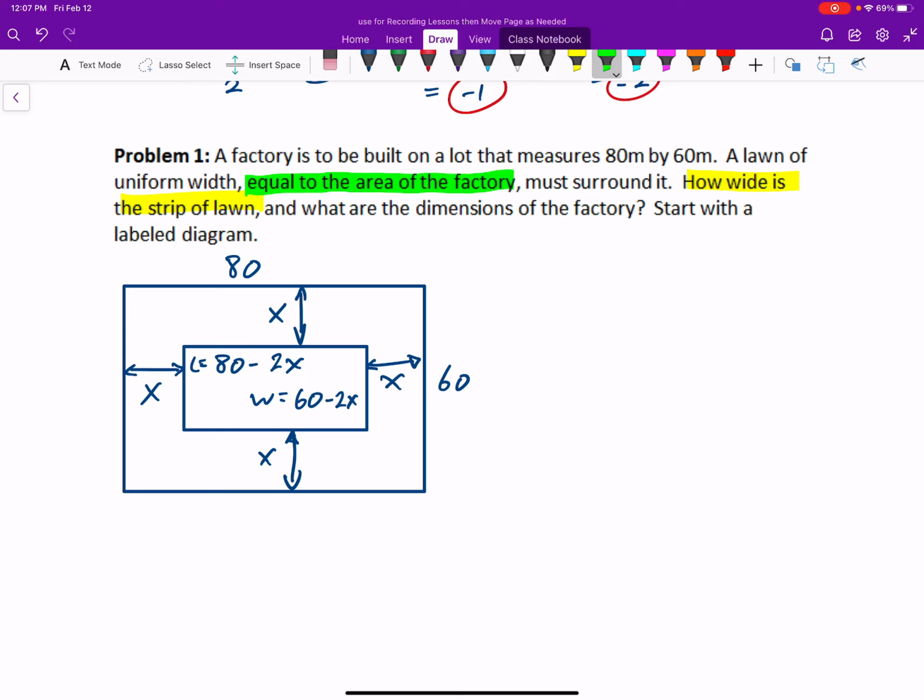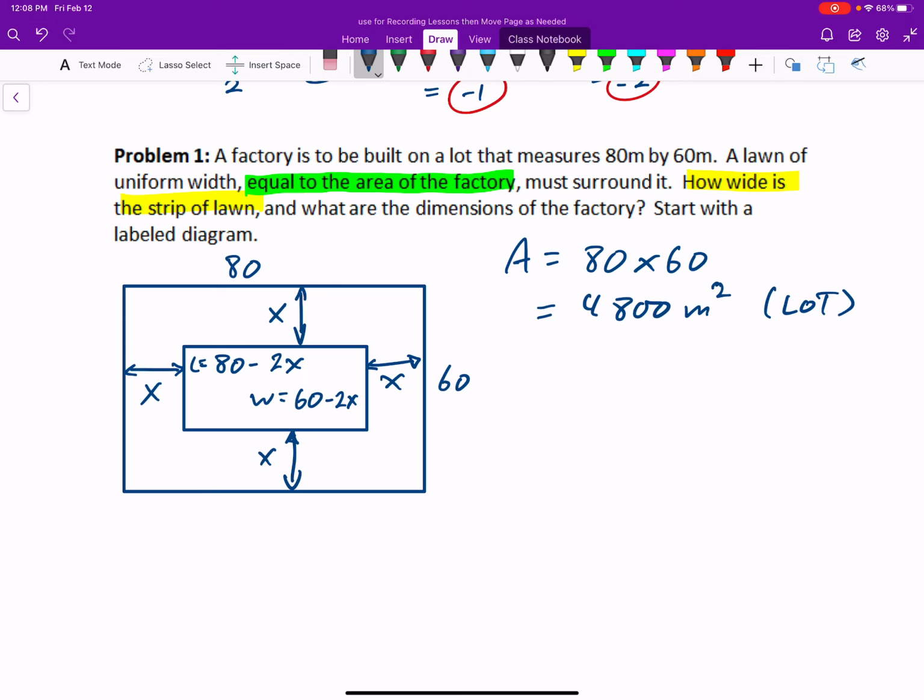So the factory needs to take up exactly half the space of the lot. So we know the area of the lot. That's easy to calculate. Area of the lot is 80 times 60 meters, which is 4,800 meters squared. That's for the lot.